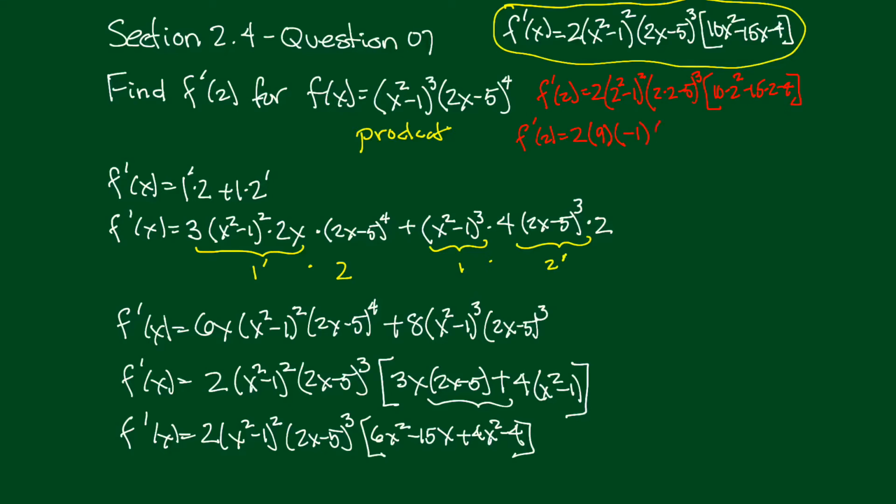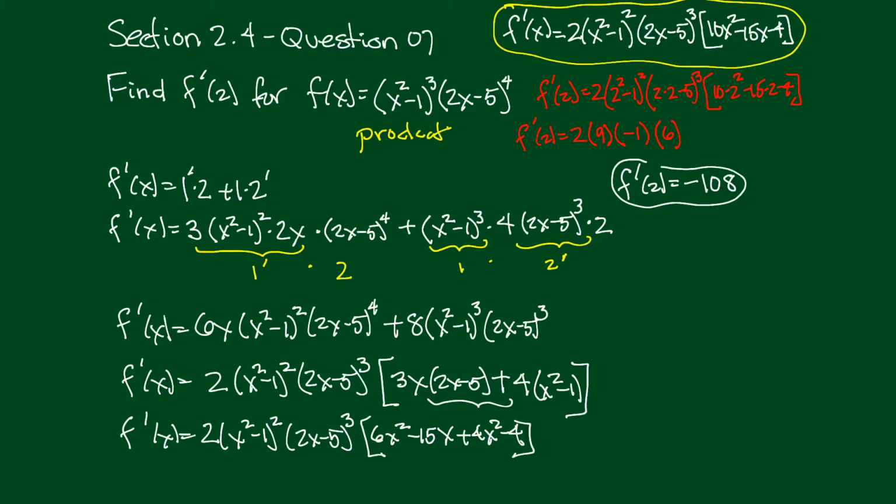And what about inside here now? Let's see. We'll have 10 times 4, so 40, and then minus 15 times 2. 40 minus 30 is 10. 10 minus 4 is a 6. If I computed that right, I'm getting a 6. And if I compute all of that correctly, I'm getting f prime of 2 is equal to negative 108.